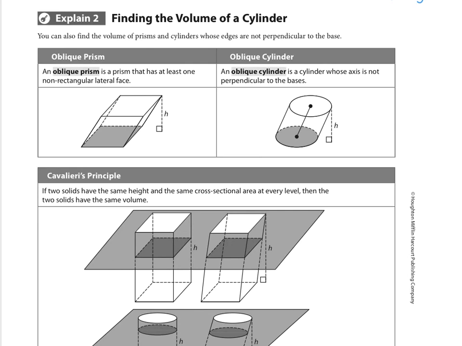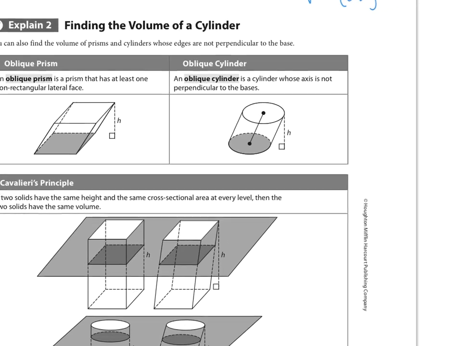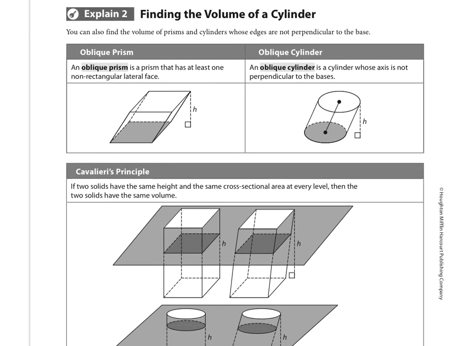So they've shaded in that cross-sectional area here. Notice it's still the same rectangle, and also that the heights of the structures are the same as well. So slanted or completely perpendicular to the surface it's sitting on, it doesn't matter. The way that you can think of that is almost like a deck of cards.